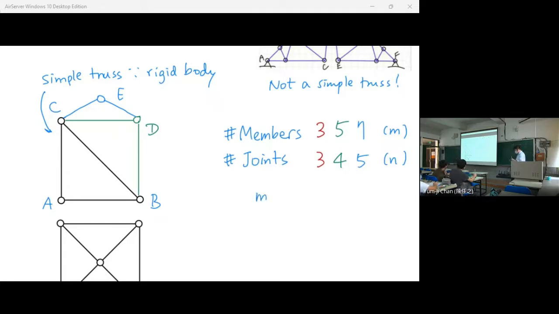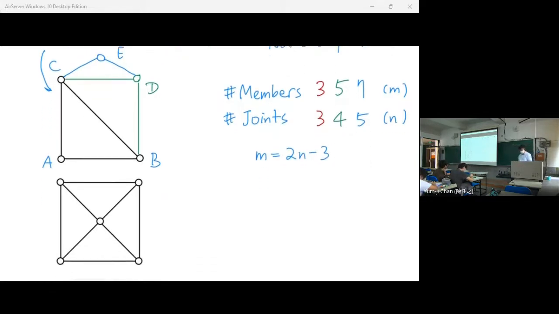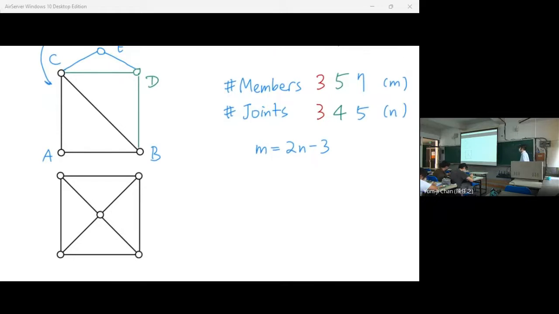So M is equal to 2N minus 3. Is that okay? If N is equal to 3, then M is equal to 3. If N is equal to 4, then M is equal to 5, and so on.